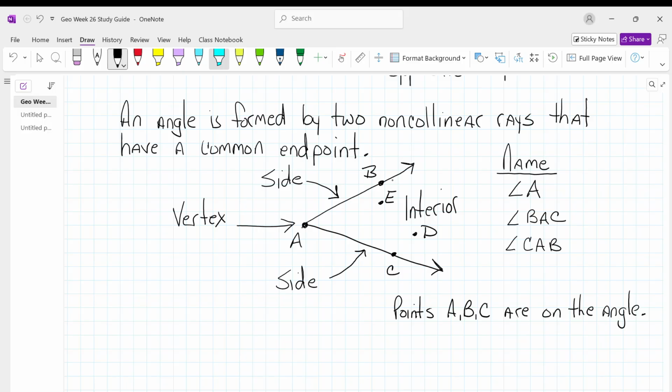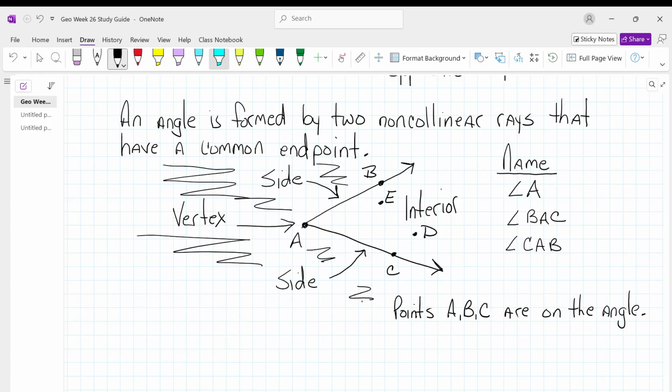And then any points that aren't on the angle or in the interior, if they're in the shaded region out here, and I can't use any of my colors because my computer will stall. So anything in this squiggly line area, like point F, is in the exterior of the angle.